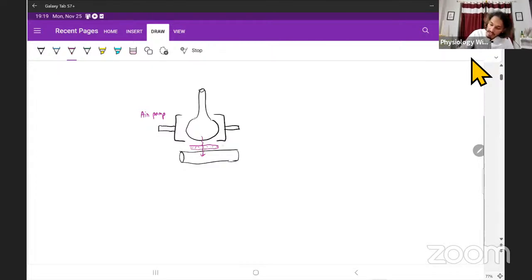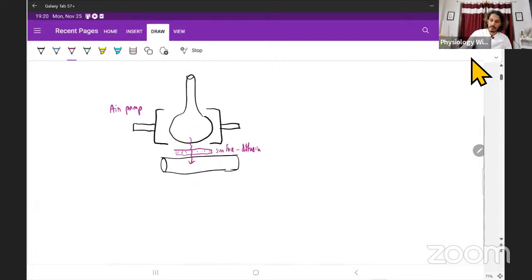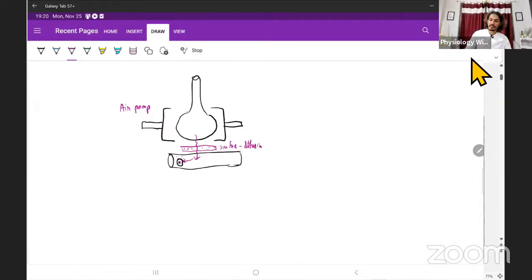So some sort of a surface should be there for diffusion. Once inside, there must be some sort of a particle in the body, RBC, or some dissolved components, hemoglobin, whatever it is, some pigment which should be able to carry this.